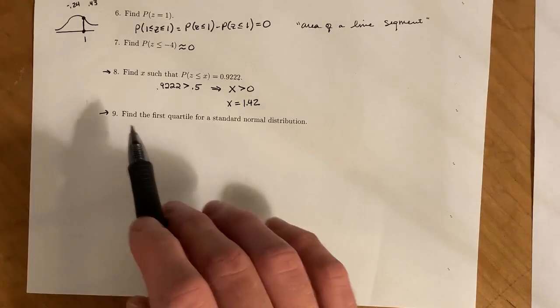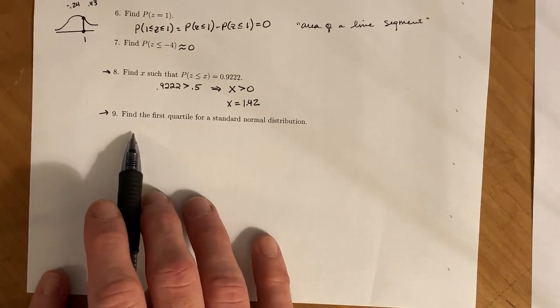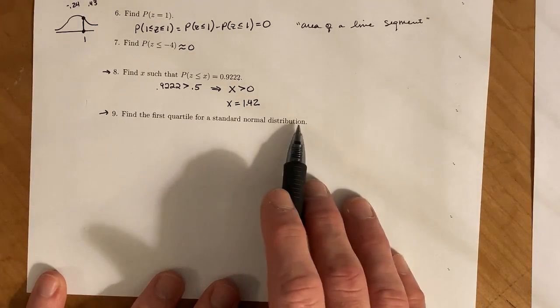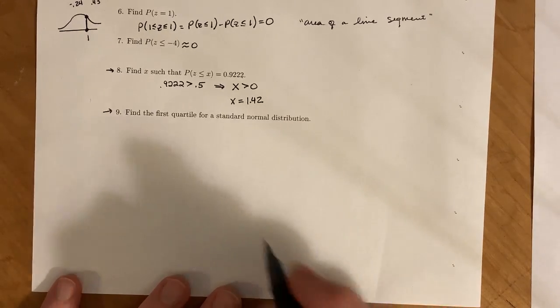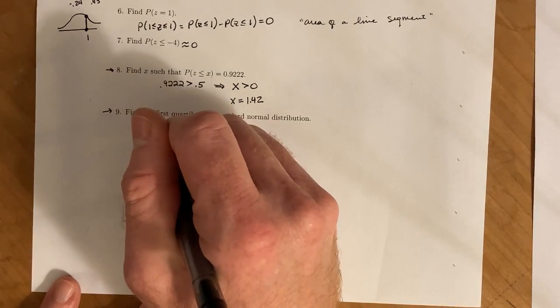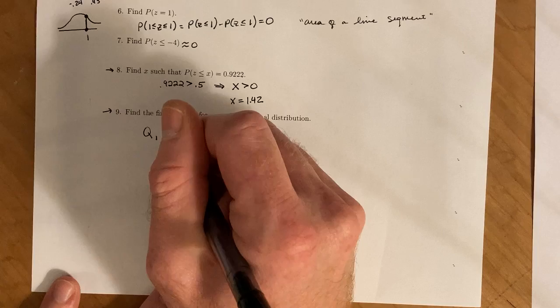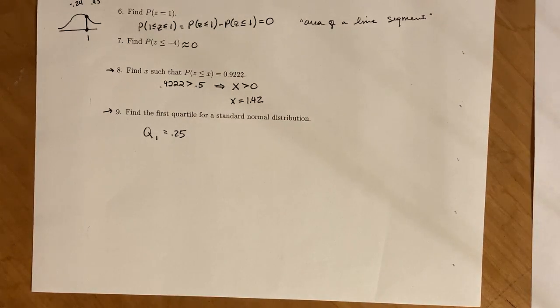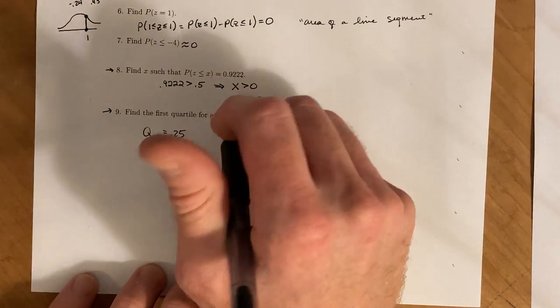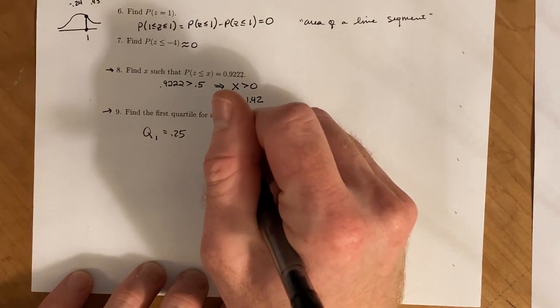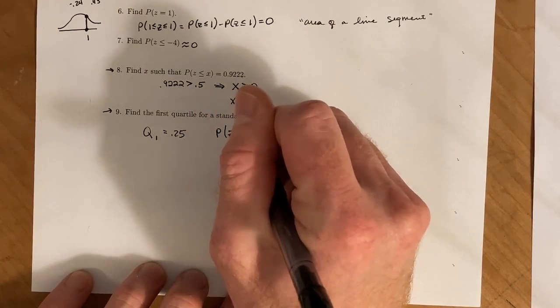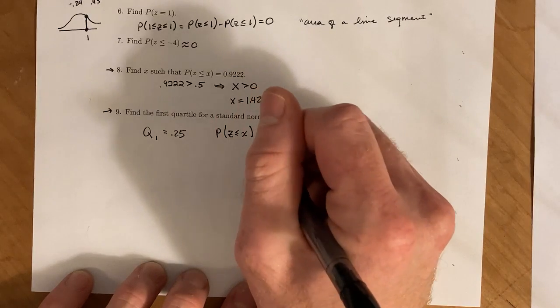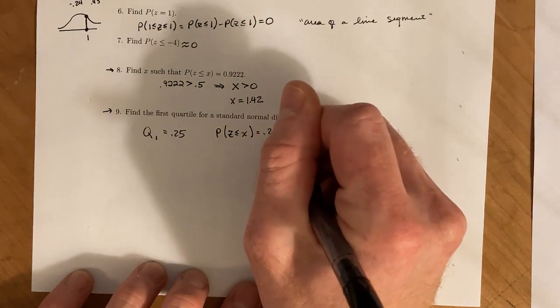So let's try that again with finding the first quartile for a standard normal distribution. So Q1 corresponds to 25%, which means when we set this up with symbols, we're looking to find our x value, for which we get 0.25.